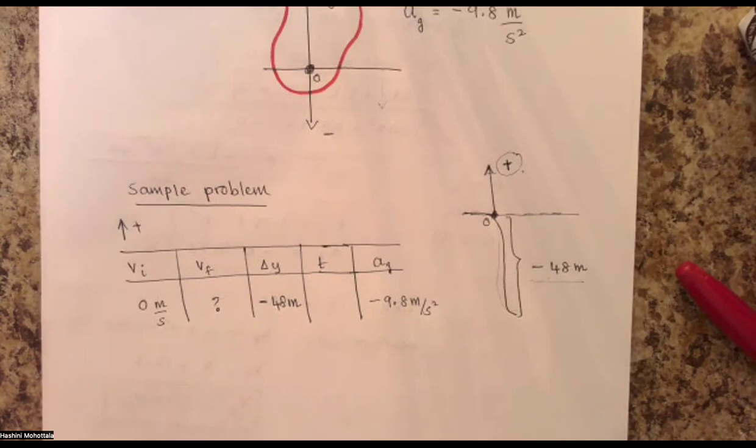Now this is what we have, and the problem asked us to find the time. What equation do you pick? All right, the chat box is open. First equation, the second, or the third? Quick chat directed to me. What equation do you want to pick to find the time?